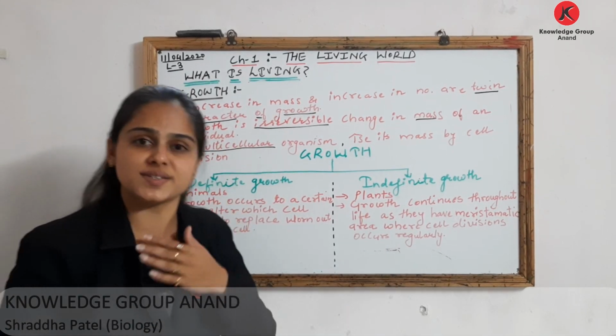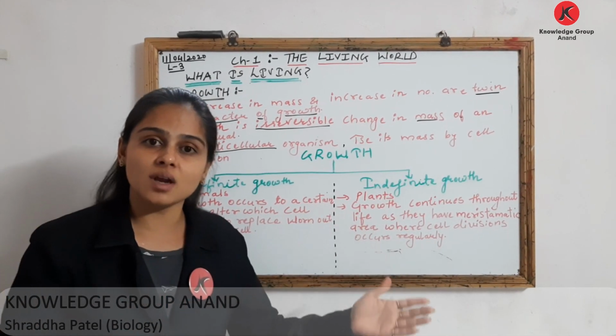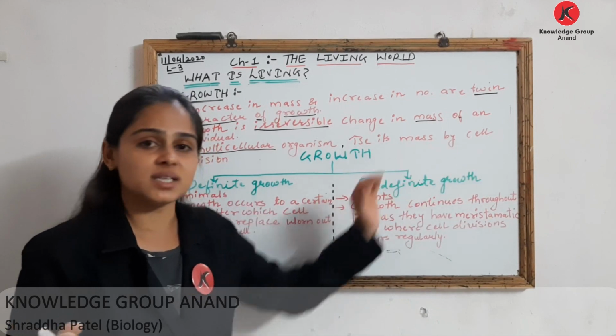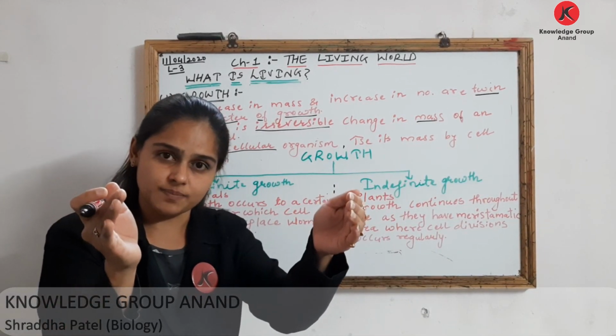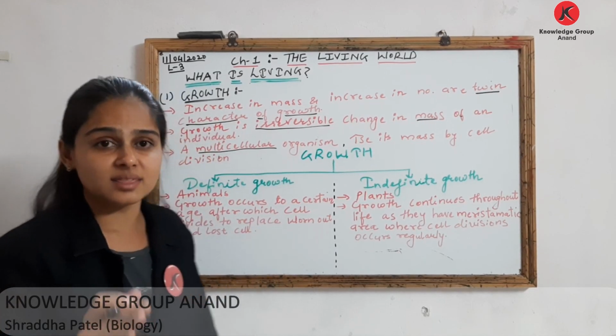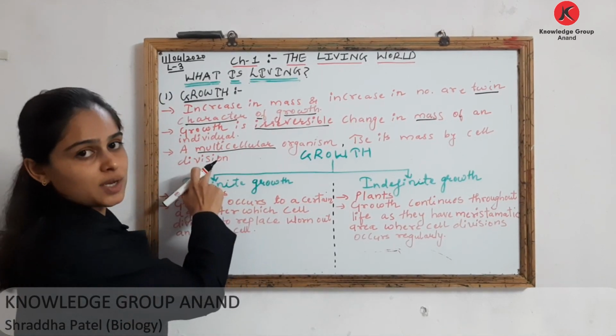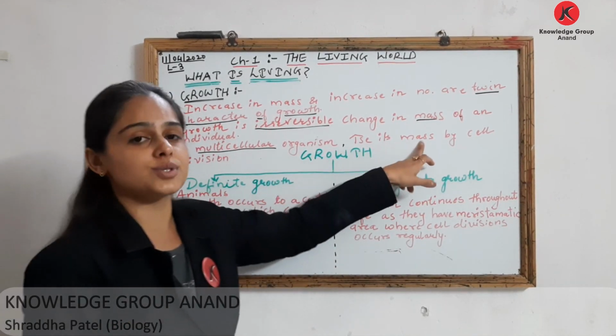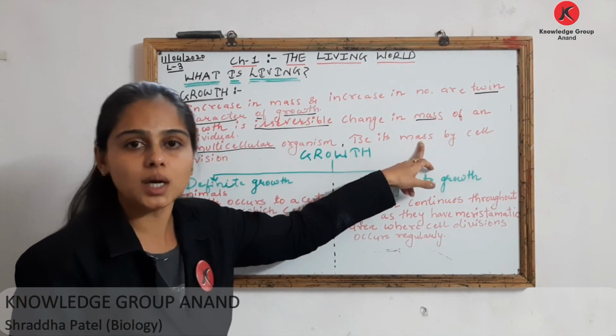Multicellular organism जैसे कि हम, how are we increasing our mass? Simply by cell division. आप आए तब इतने थे, right? इतने बड़े हो चुके हो आप. What is the reason behind the same? It is nothing but cell division, which is responsible for the increase in mass of our body.